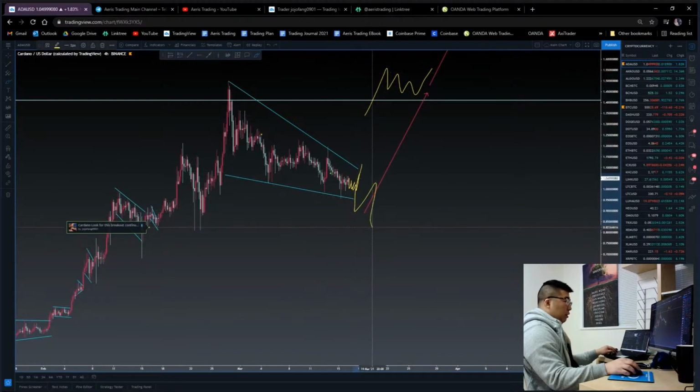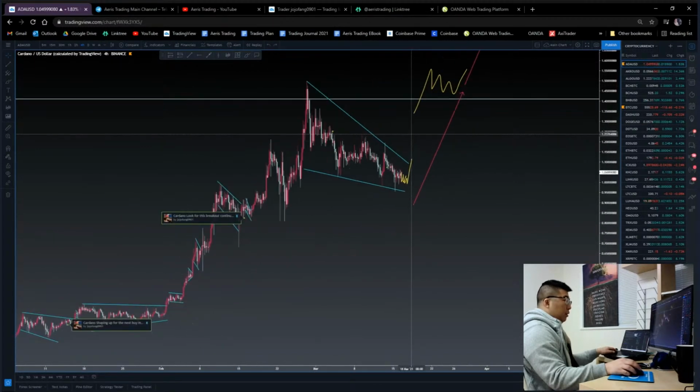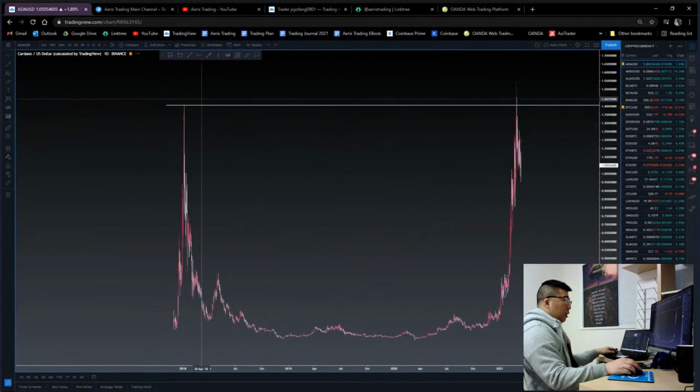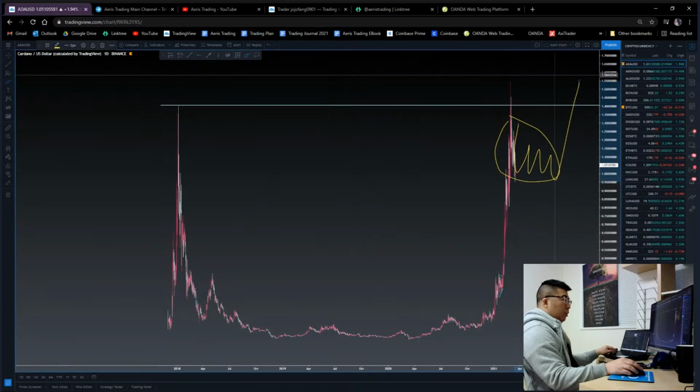This can just drag on for a little bit longer before the next up move. So I'm still paying attention to this one. I still like Cardano. I would look to see Cardano complete continuation to the top. We know that on the higher time frame, we are at the all-time high now, right? So if we can get this very good consolidation correction to happen and complete, expect the price to only go higher.